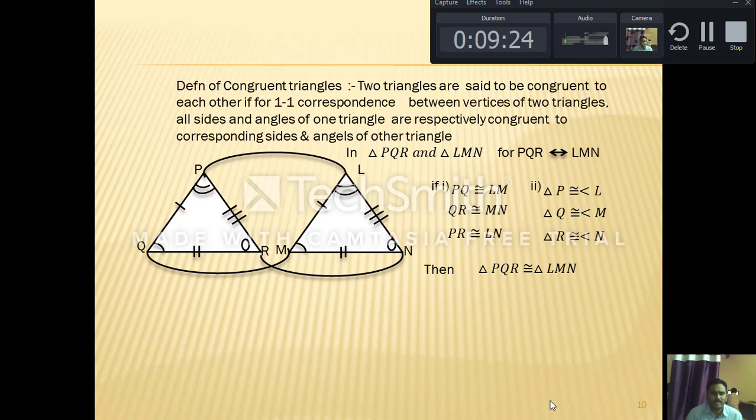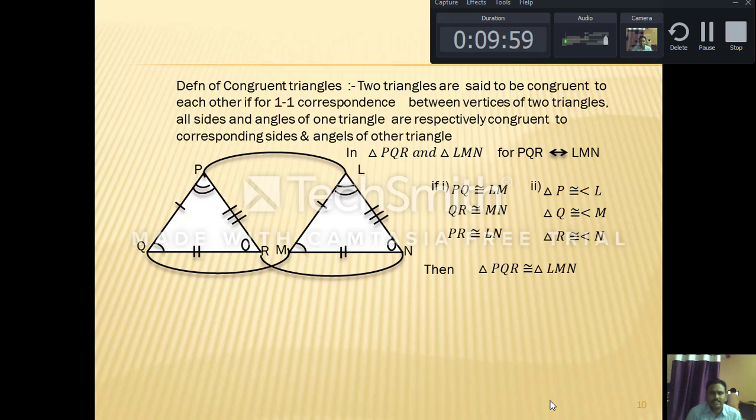Two triangles are said to be congruent to each other if, for a 1-1 correspondence between the vertices of the two triangles, all sides and angles of one triangle are respectively congruent to the corresponding sides and angles of the other triangle.